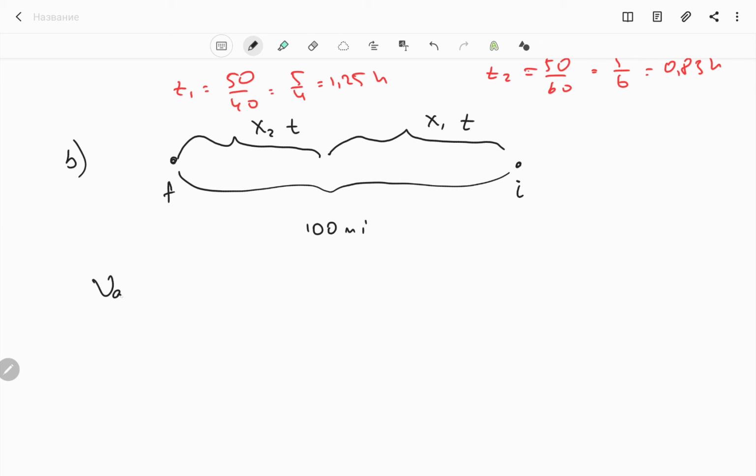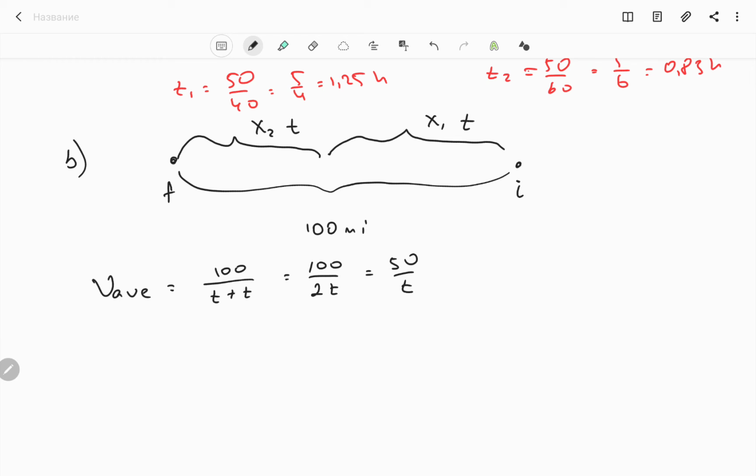So what is the average speed? In this case, total distance again 100, total time will be t plus t. So basically 100 over 2t, or we can say 50 over t. So this t is half of the time needed to complete this trip.